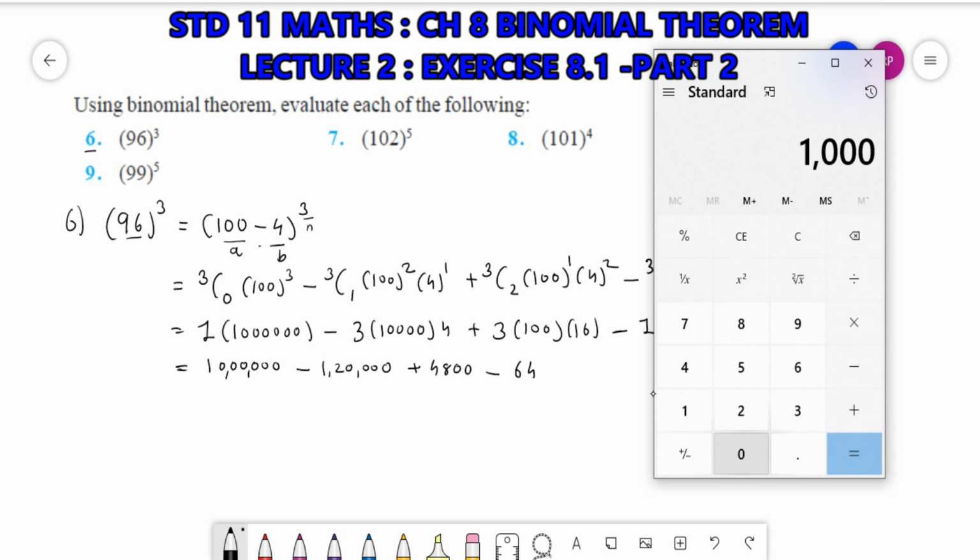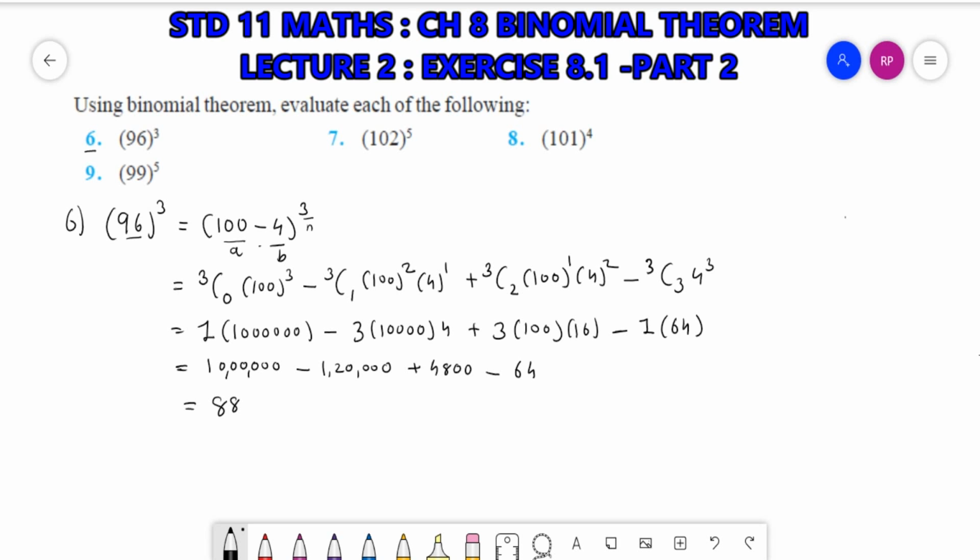This will be 884,736. So 96 cube will be equal to 8,84,736. Okay, this was about question number 6.